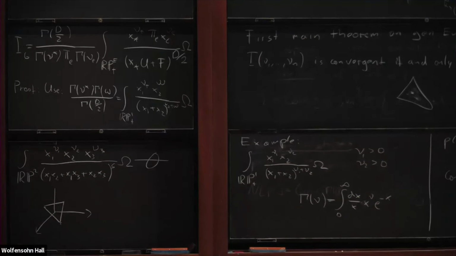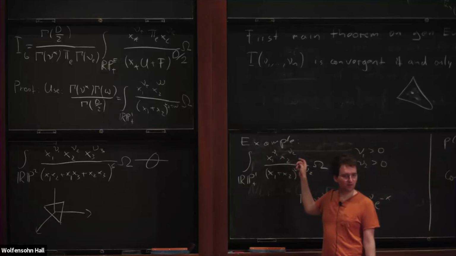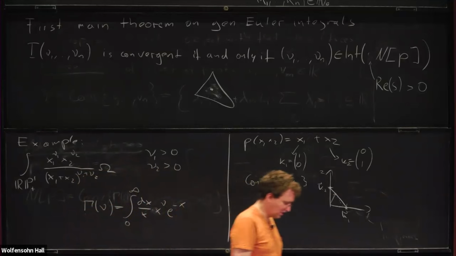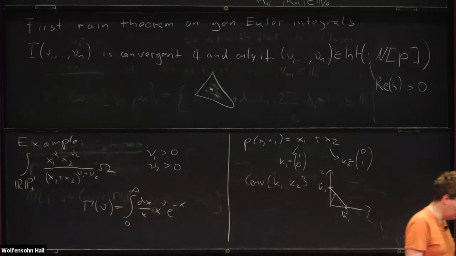And what's important is that S is actually fixed by the sum of these nu values, right? The important take-home message here is that if we are free to choose the nus in any way we want, we always have some region of convergence.